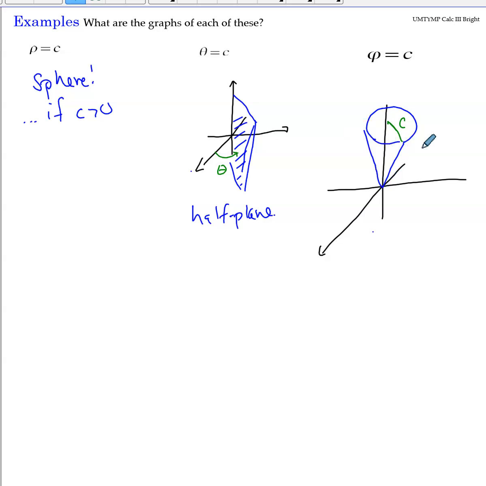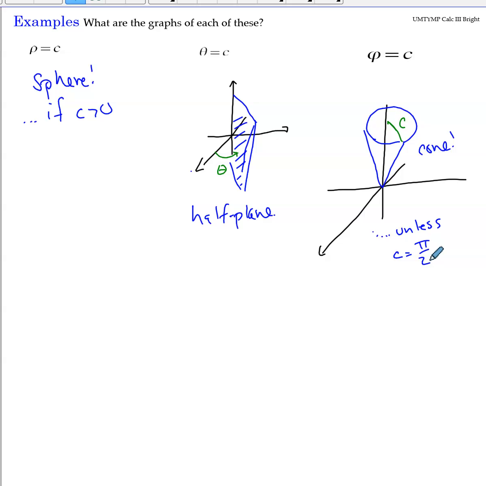And what do we get? We get a cone. Okay, and I'll also say, well, it'll be a cone unless c is pi by 2 or 0. Those are boring cases. If it's pi by 2, you get a half plane.